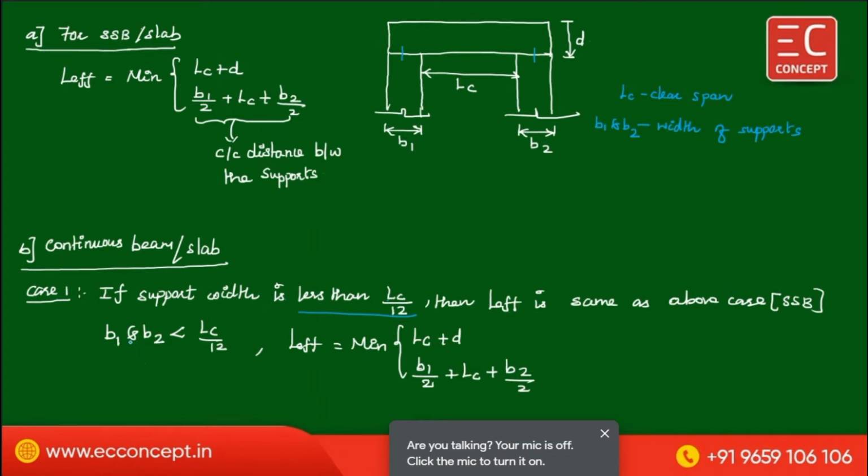If B1 and B2 are less than Lc by 12, then L effective is the minimum of Lc plus d, or B1 divided by 2 plus Lc plus B2 by 2.